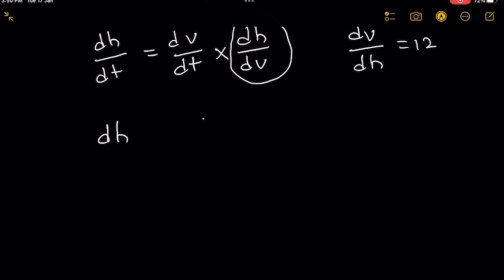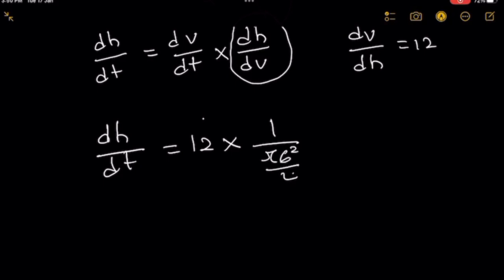So dh/dt is equal to 12 times 1 over pi 6 squared over 4.